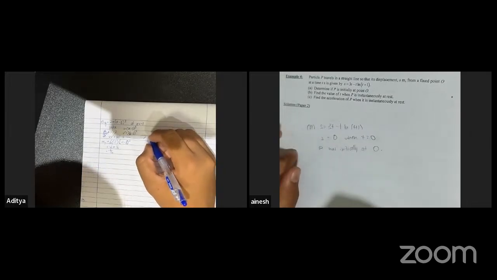Kyoko, what are you doing? Don't erase yet. Just continue from here. Don't erase, don't erase. Stop erasing.